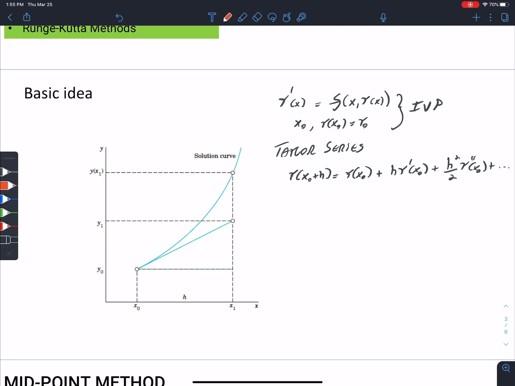And exactly as we discussed before, if we just take these first two terms, we call this Euler method, right? And this is essentially this curve as it's being drawn here, right?